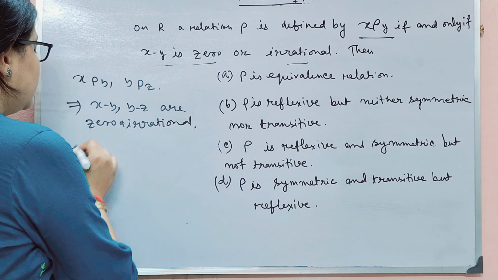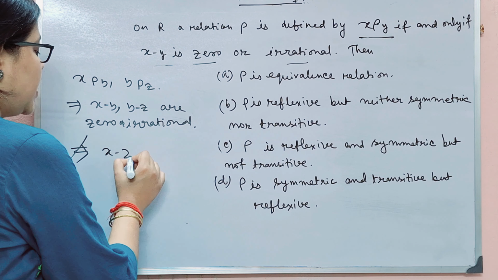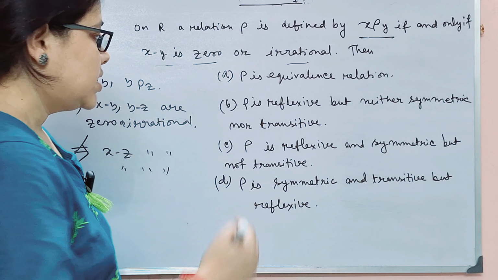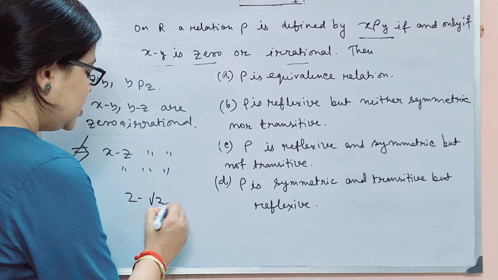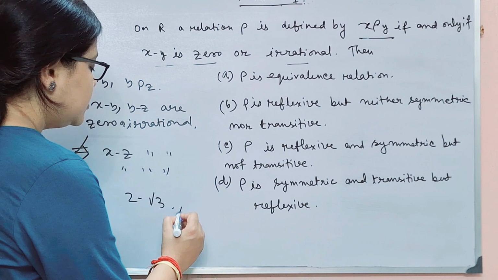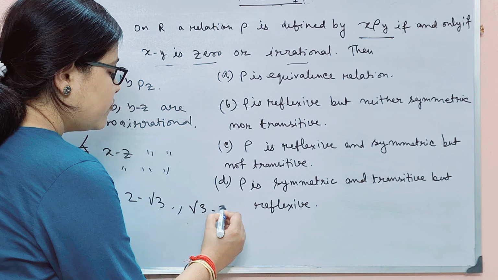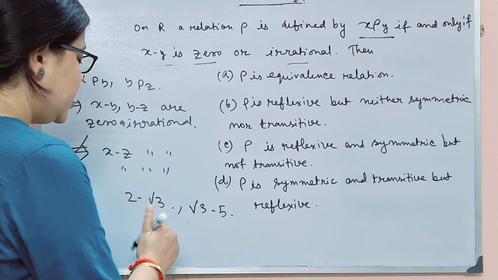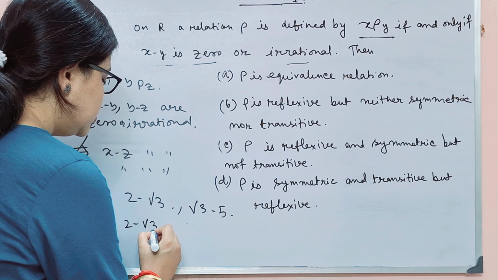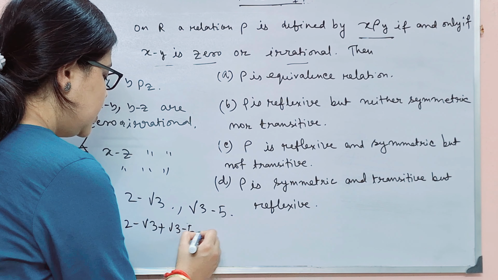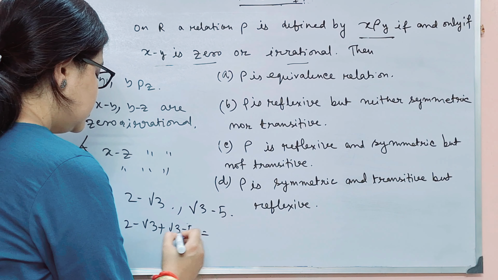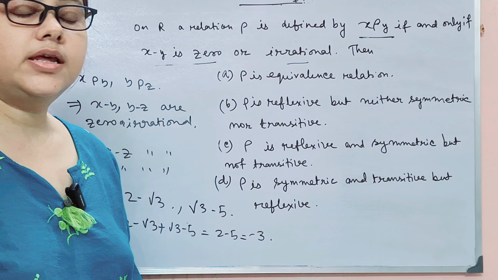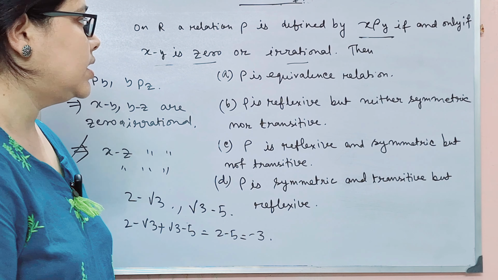So that does not necessarily imply x minus z is 0 or irrational, because 2 minus root 3 is an irrational number and root 3 minus 5 is also an irrational number, but if we add these two irrational numbers, that is 2 minus root 3 plus root 3 minus 5, that is 2 minus 5, which is minus 3, which is not an irrational number, it is a rational number.